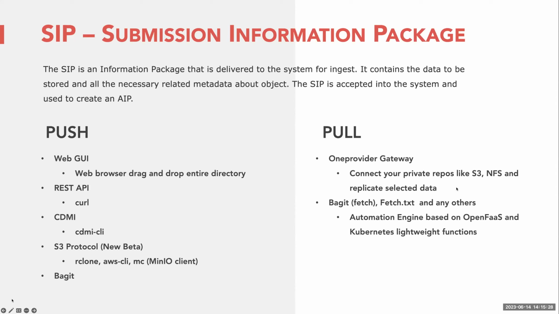You can deploy your own Onedata gateway close to your data, close to your NFS or S3, whatever, and then we can scan the data and replicate. So this is one way of pulling. But this approach might require quite a high level of entry.